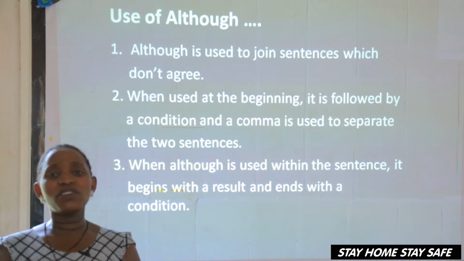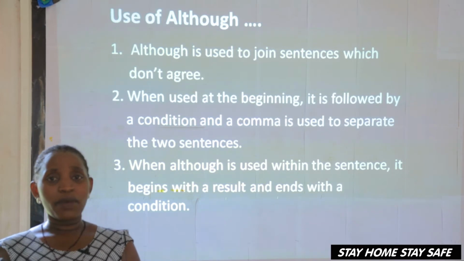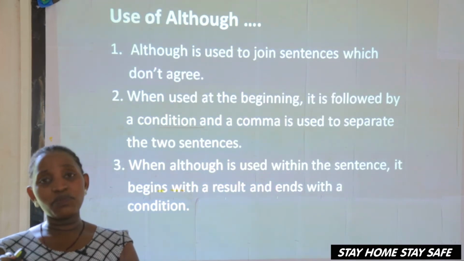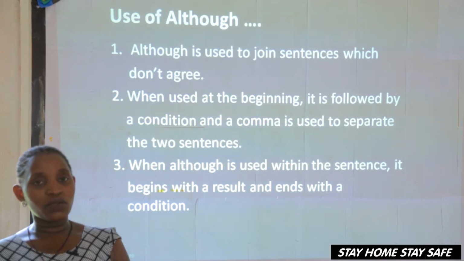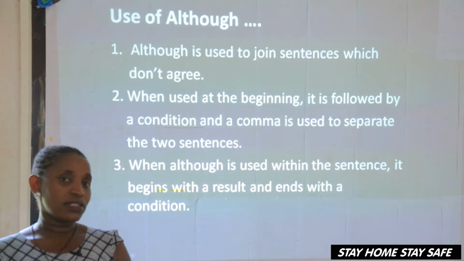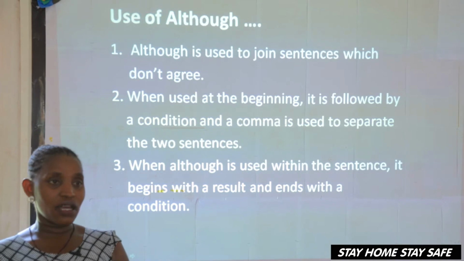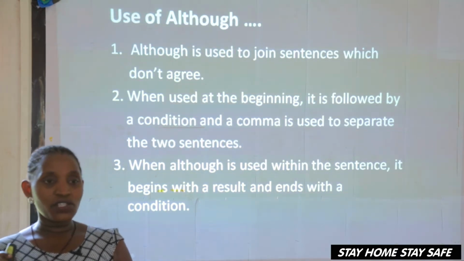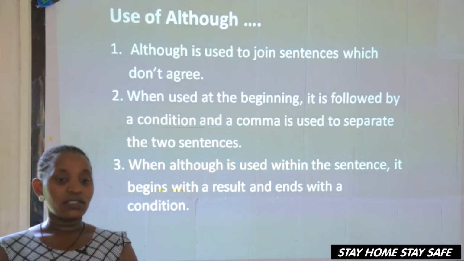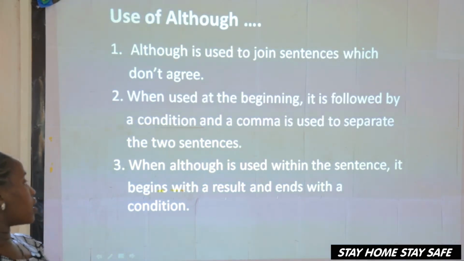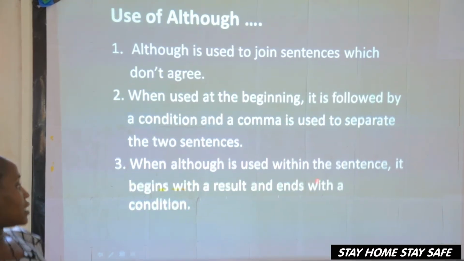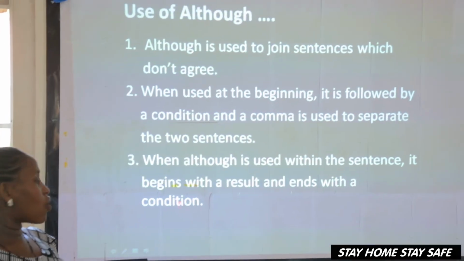We expect all beautiful ladies to be married. But what will happen? You will find this beautiful girl, and what will be the result? This beautiful girl is not married. Now not being married is the result. And the condition is that girl being so beautiful. So that's what we say, that when we are using although within the sentence, we begin with the result and then we end with a condition.